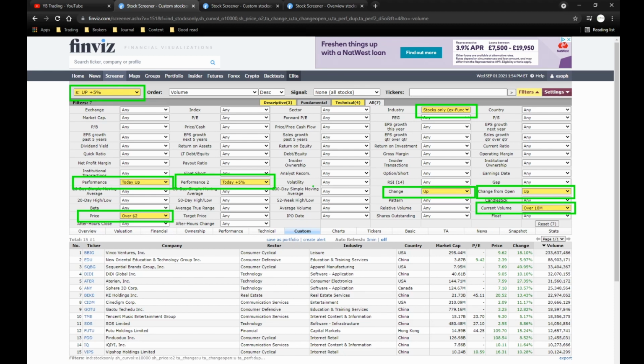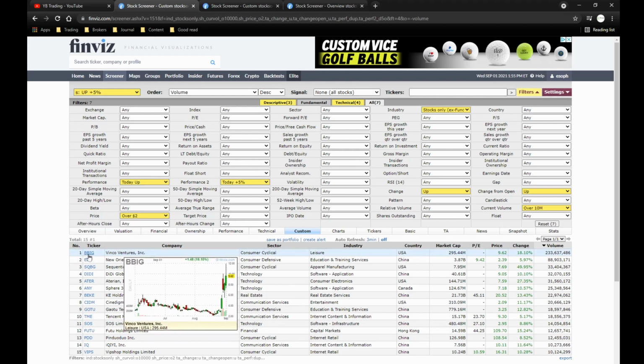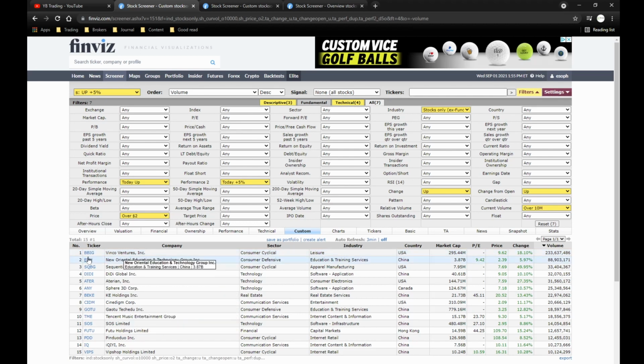Now those are my settings. You can play around with these settings, especially the volume. What this finds is something like this. As you can see, the top ticker is BBIG, so it has been running. It finds a nice little stock that has been doing well, with good volume.